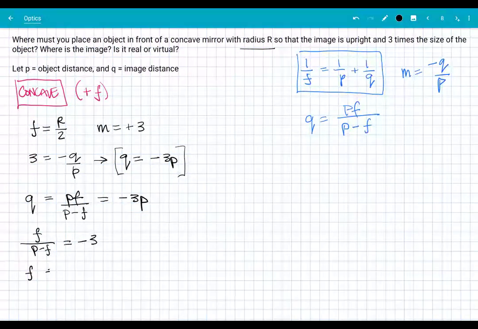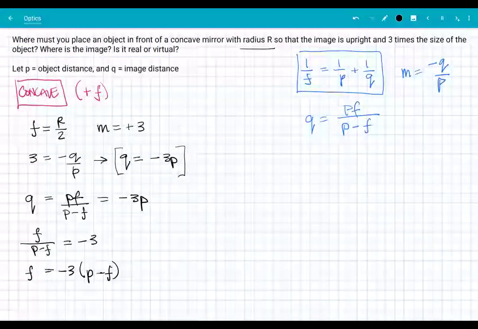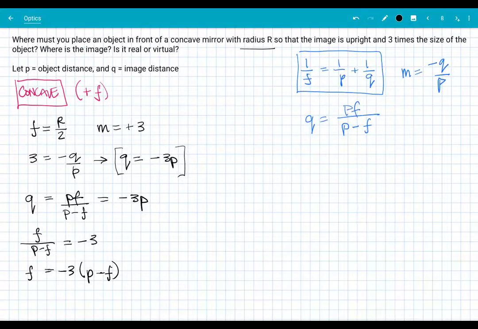So f is equal to negative 3 times p minus f. What this brings me to, finally, with a little bit of algebra, is that 2f is equal to 3p. All the intermediate algebra steps are found in the written solutions.